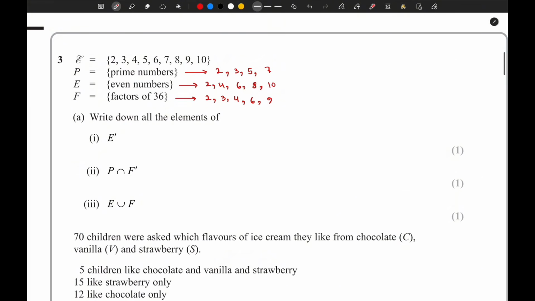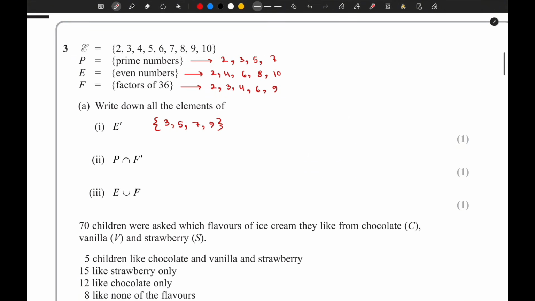Now we need to write down the elements of E prime, which means anything other than the set E. So it will not be 2, 4, 6, 8, 10. It will be 3, 5, 7, and 9. Now we need to write down P intersection F prime.